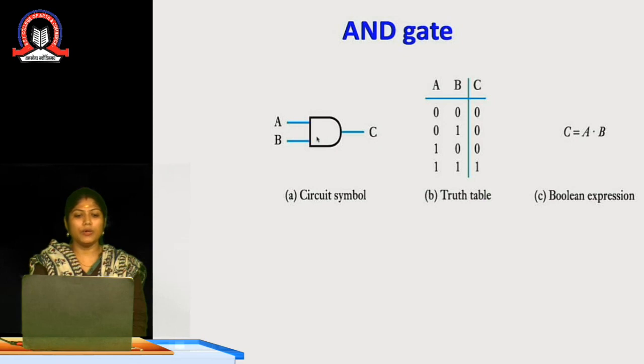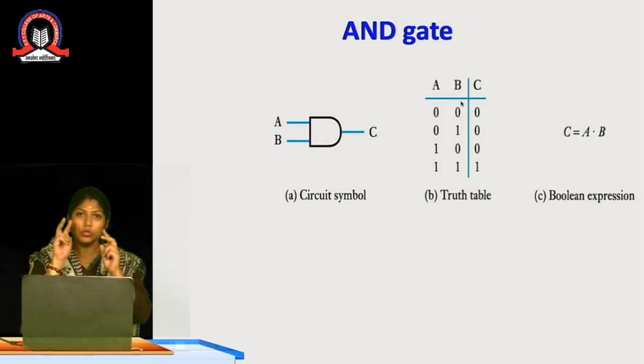There can be two inputs, three inputs, four inputs, or n inputs. What does this do? This gate does the operation of multiplication. Whenever there are two or three inputs, we have to multiply. C is the output, and A and B are the inputs.